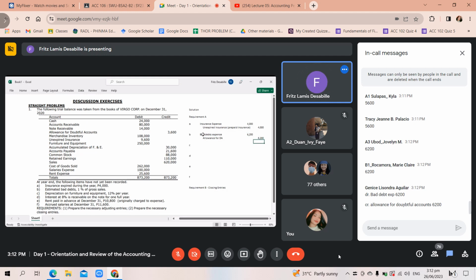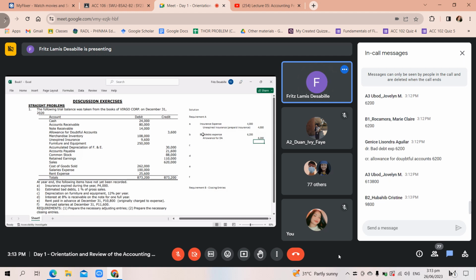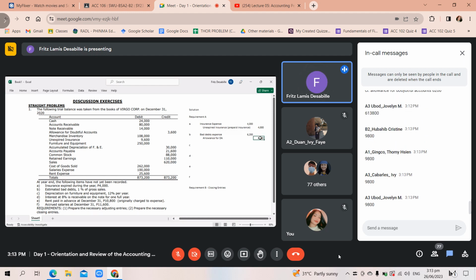Now, another question. How much is the balance of our allowance for doubtful accounts as of December 31, 2020? How much? 6,200 plus 3,600? 9,800. Correct. 6,200 kani plus 3,600 nga balance na nga daan.